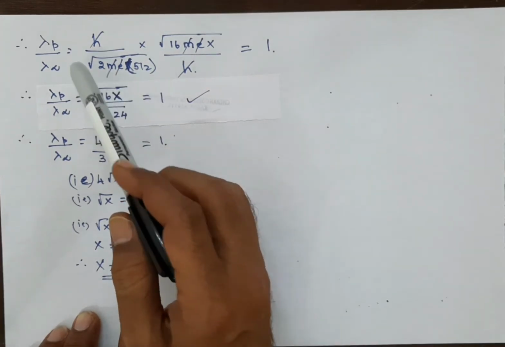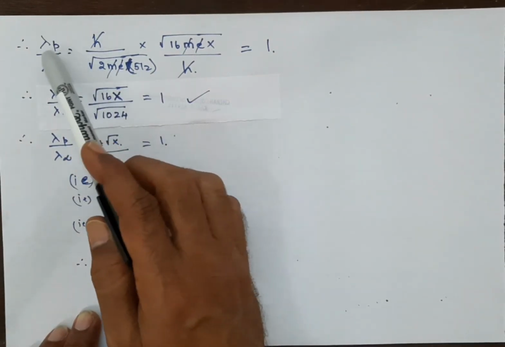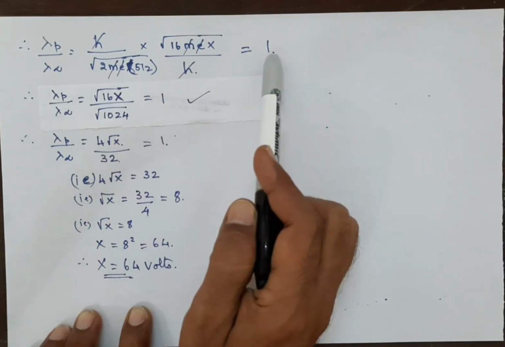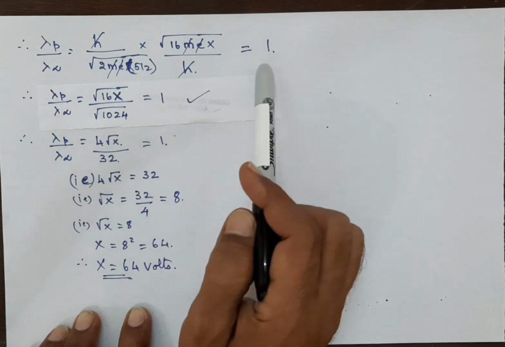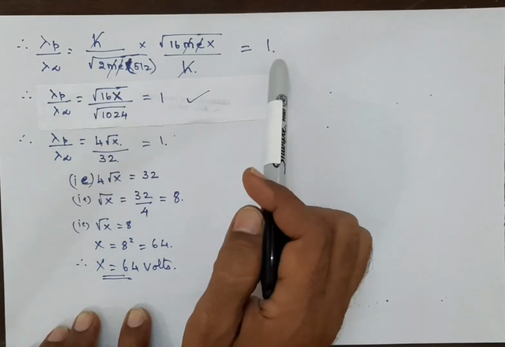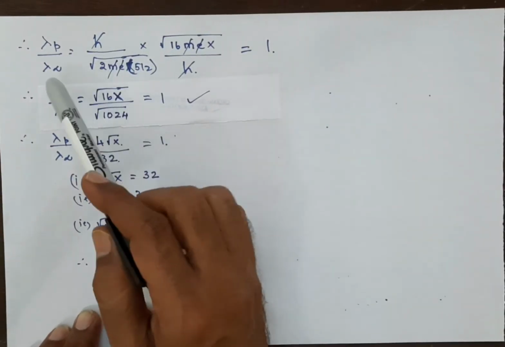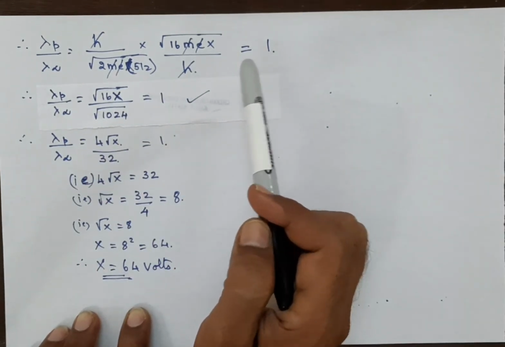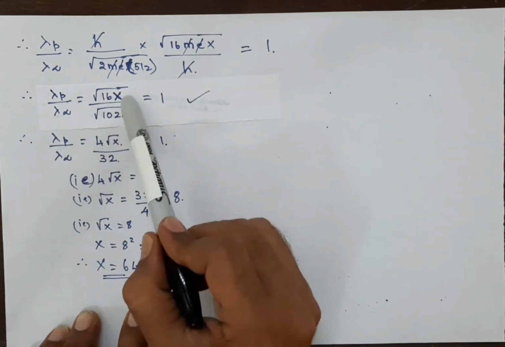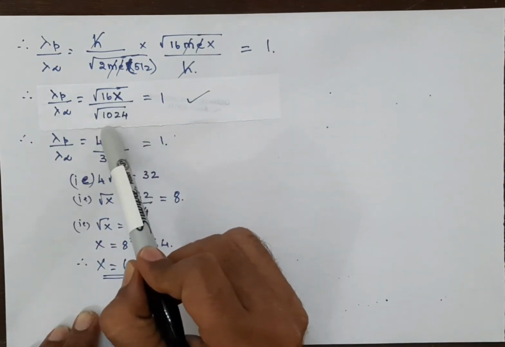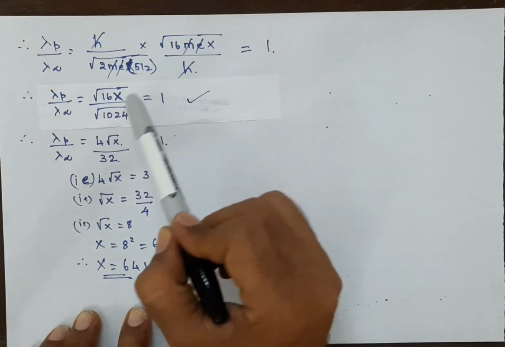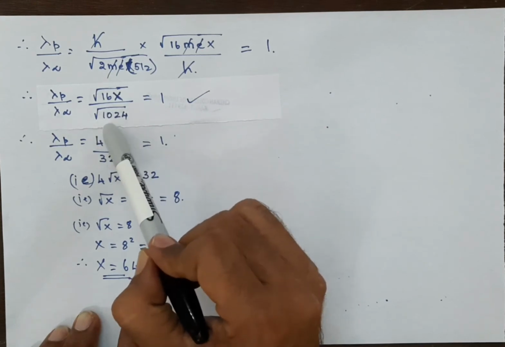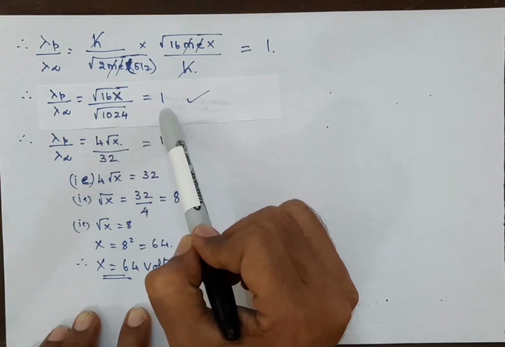What is given in the problem? This ratio, the wavelength of the proton to the wavelength of the alpha particle, is given as 1. Therefore lambda p by lambda alpha should be equated to 1. So root 16x divided by root of 1024, 512 into 2, should be equal to 1.